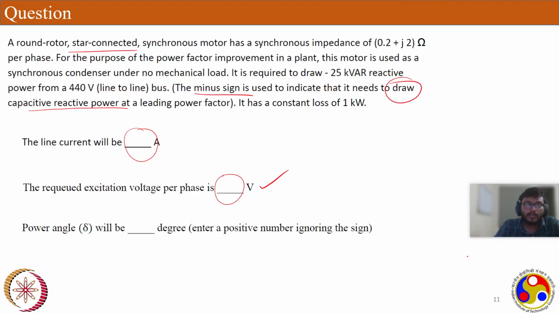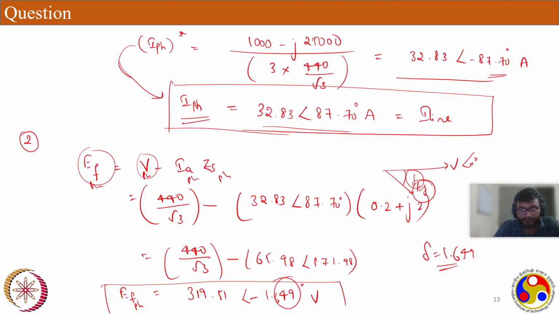Okay, what's the next question? Can anyone tell whether this is an under excited machine or an over excited machine? Anyone? So it's an over excited machine. How can you say that?